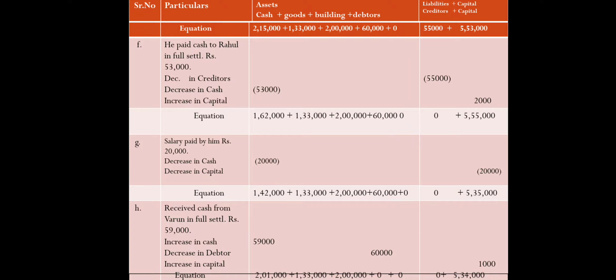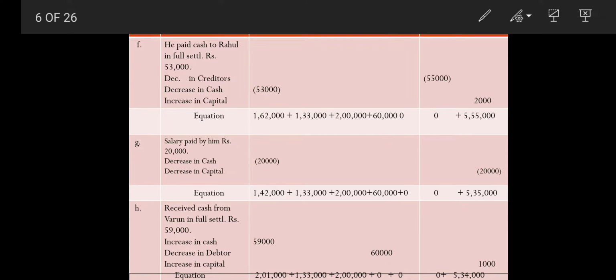Now he is paying us back, and the term is that he pays 59,000 in full settlement. So when 59,000 is paid in full settlement, debtors decrease in full, and it will come in brackets.